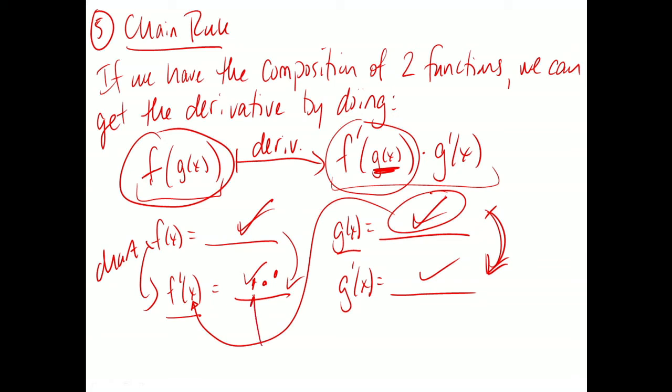That's what this first piece is. And then just times g prime of x, whatever's down there. This sounds awful, but there are many places you can go wrong here, which again is why this is the hardest rule. But we're going to do many examples together, and hopefully I'll snuff out most of the errors and anticipate most of the ones you might have.